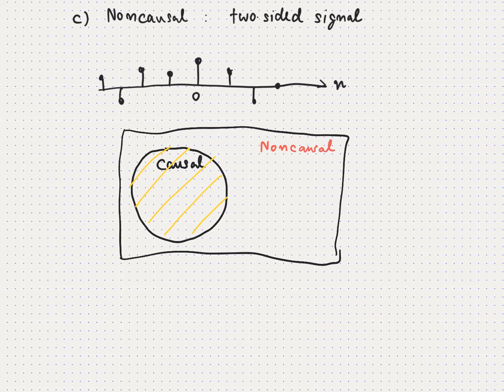Then you have the signals that are anti-causal, which may be here, in this circle. What I can say is that if a signal is not causal, it is non-causal. If the signal is anti-causal, it is non-causal as well. So that is the diagram of causality.